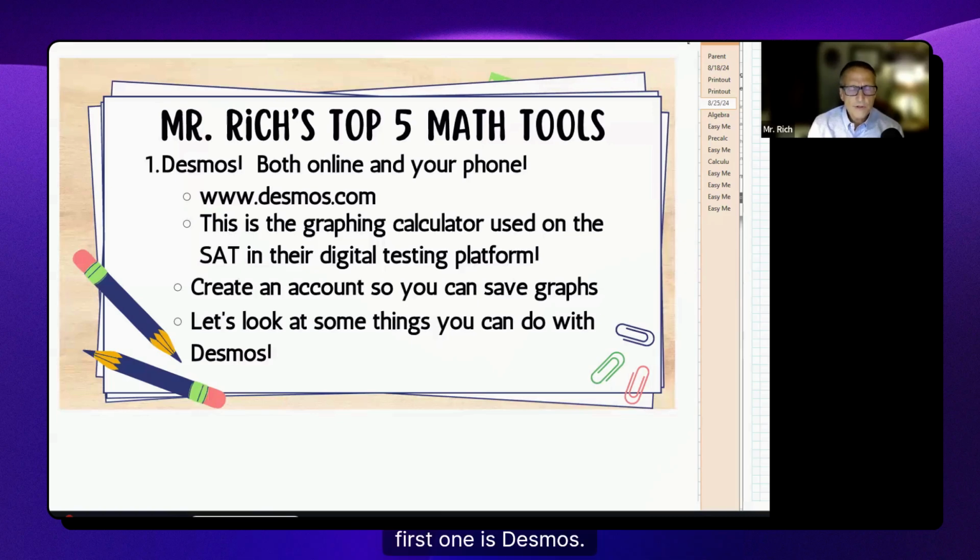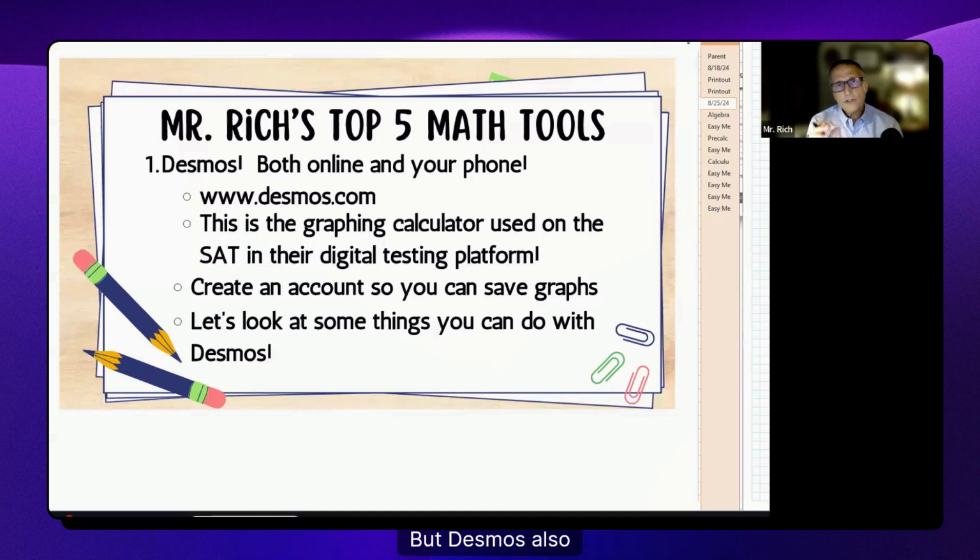First one is Desmos. If you've ever tutored with me, you know that Desmos is something that I use all the time as a calculator and as a graphing tool to try to show you concepts. And just a few things that you may know about Desmos, or maybe you don't know, is that we use Desmos usually online. We go to desmos.com and we go to the graphing calculator part of Desmos.